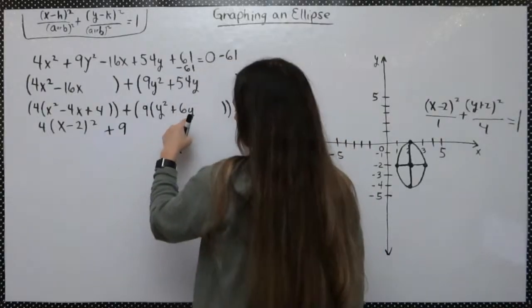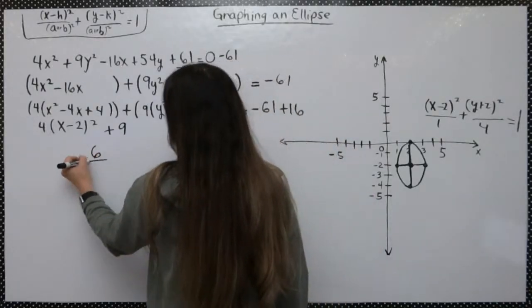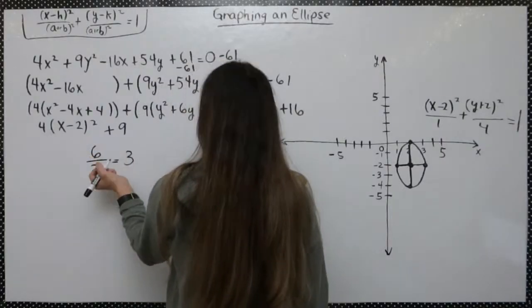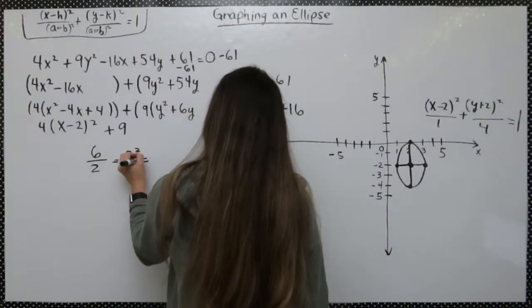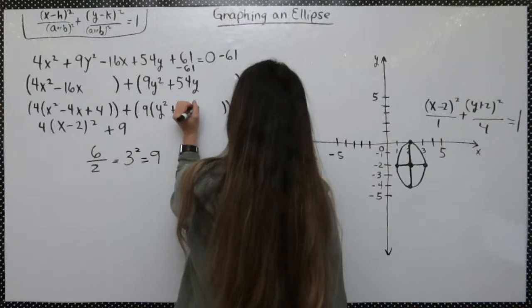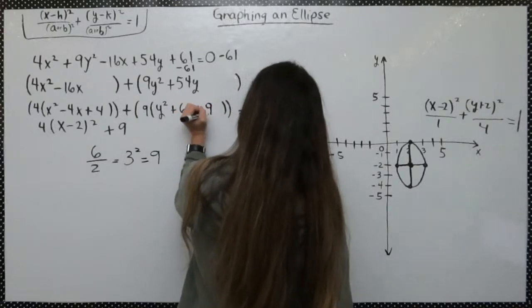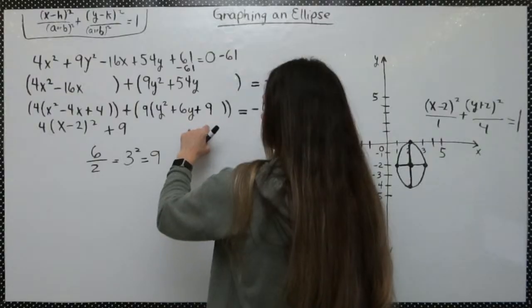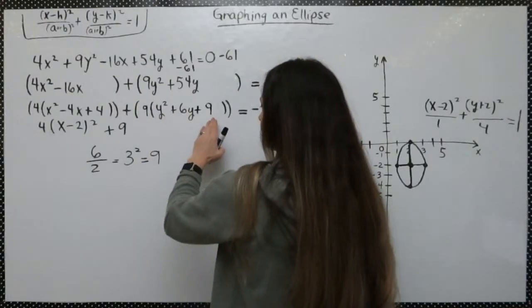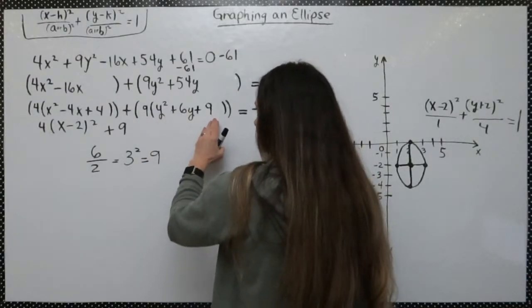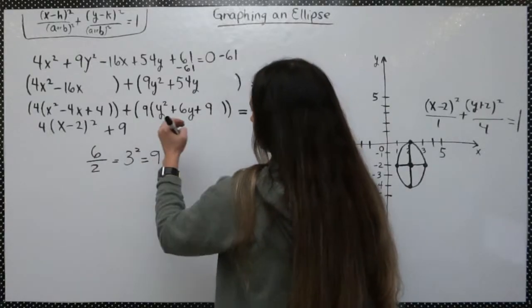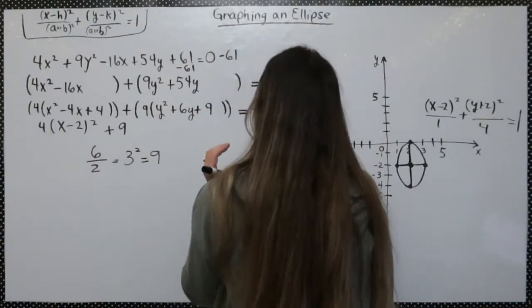So we're going to take this middle term 6 and divide it by 2, which is 3. And we're going to square that number, which is 9. And I'm going to add it here. And then I'm going to say 9 times 9, because remember, you have to multiply. You're not adding actually 9, you're actually adding 81. But we pulled that factor out, if that makes sense.